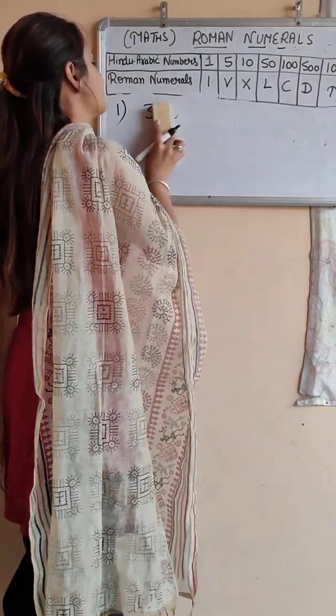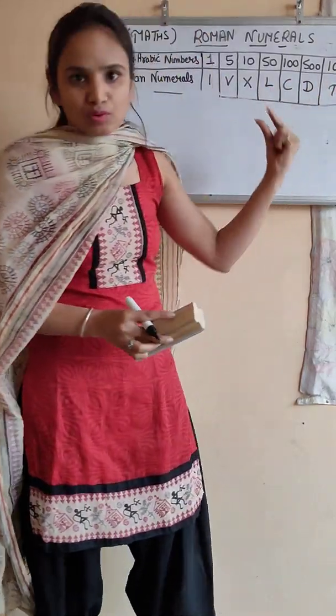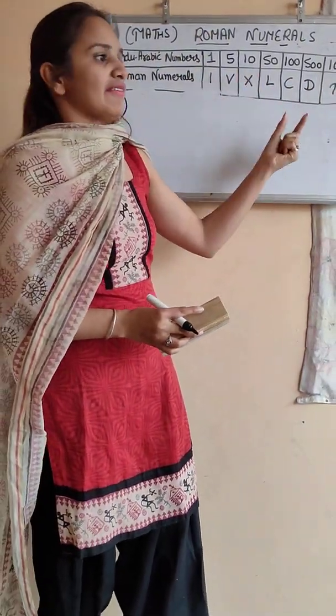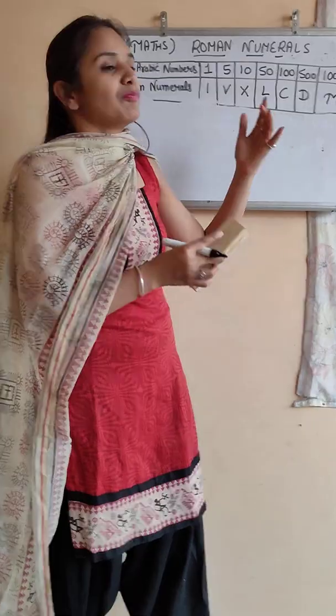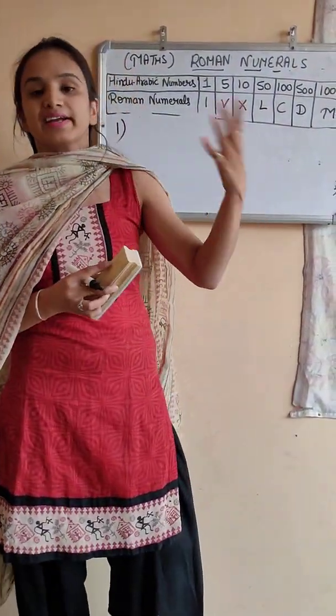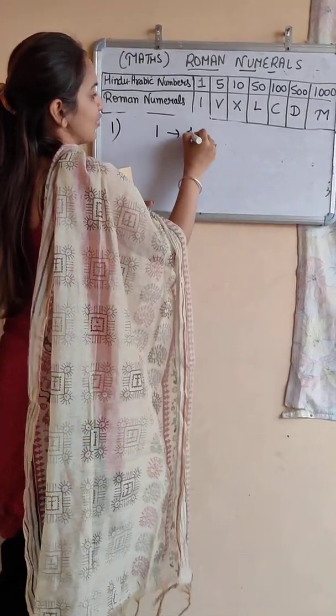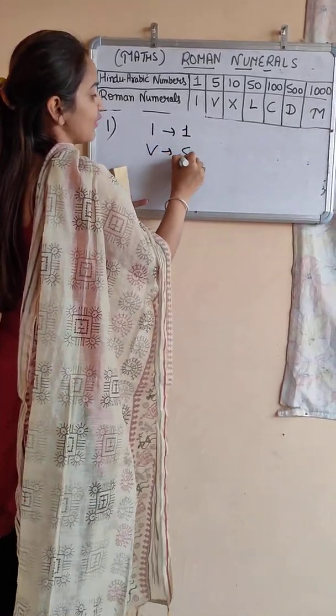Okay. Our second rule is about a symbol having smaller value. If we put a symbol having smaller value before the symbol having greater value, see, this value is 1 and this value is 5.